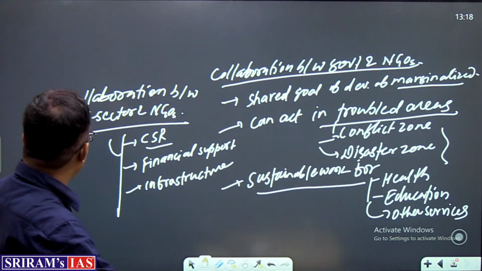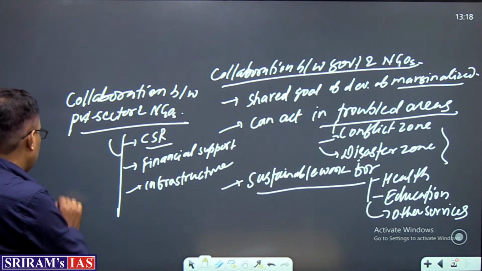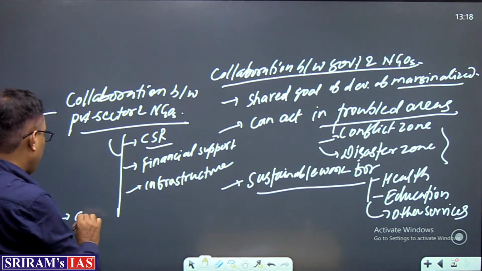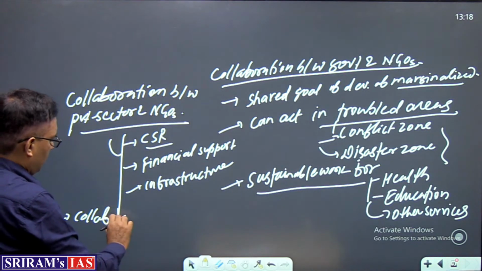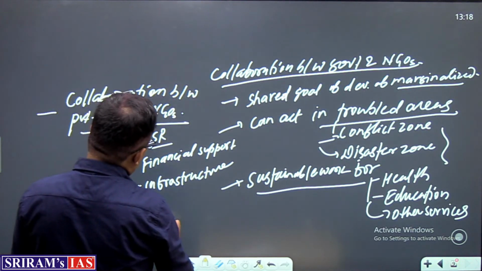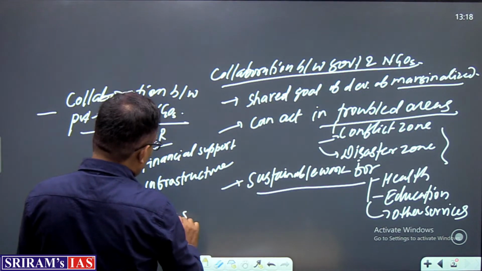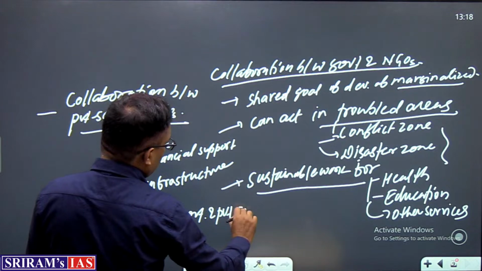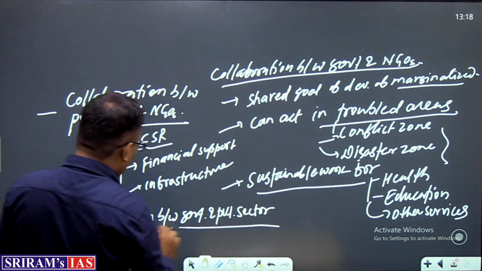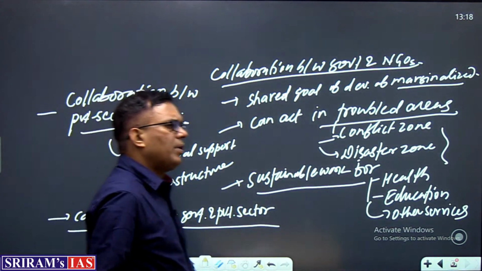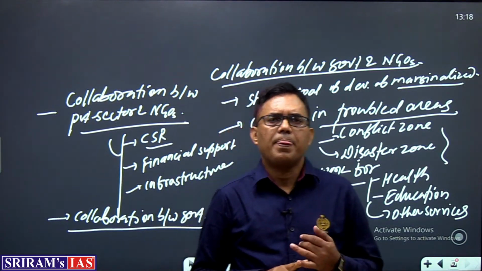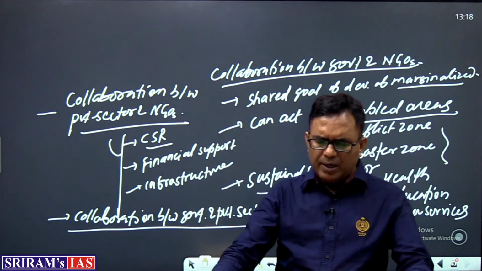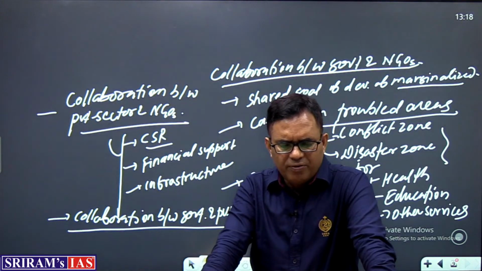Third, last point is there, that we can say collaboration between government and private sector. Again here we can mention collaboration between government private sector, like earlier I told you, they can go for faster work.